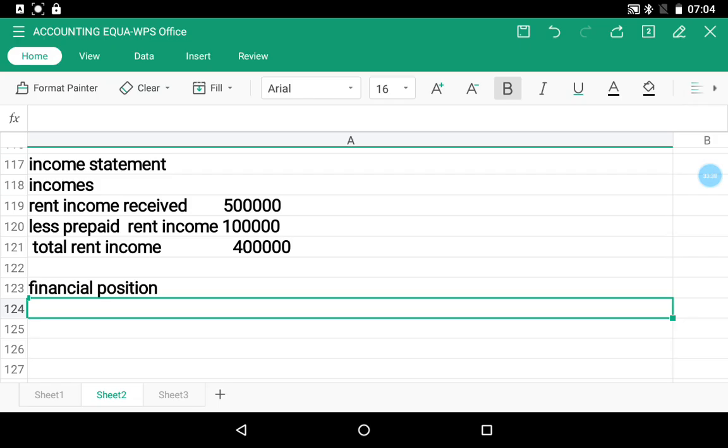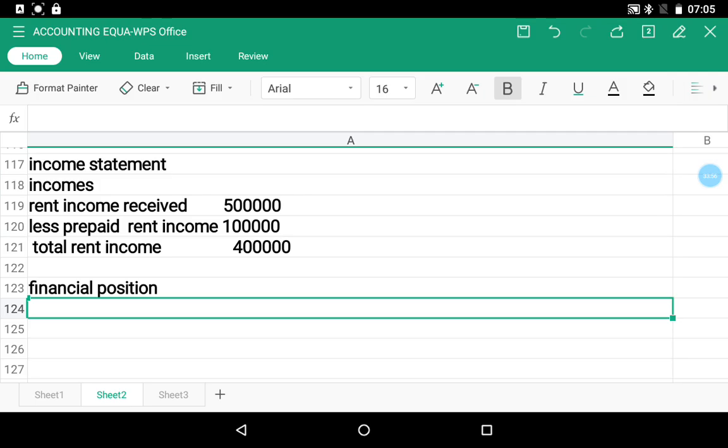That means it's your obligation to go and work for it. So we are going to say non-current assets, current assets, owner's equity.